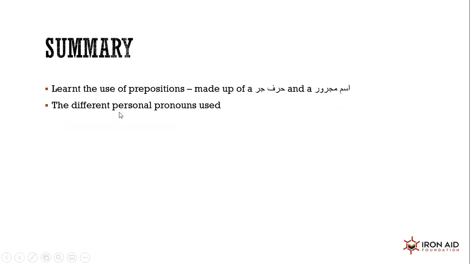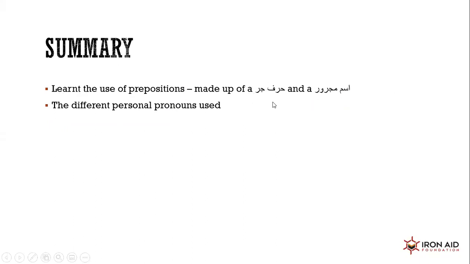So summary of today's lesson, bi'ithnillah. First thing, we learnt the different types of prepositions, words used to link sentences up together. And we had a list of prepositions, inshallah you can learn them.